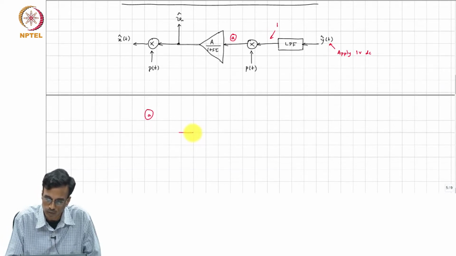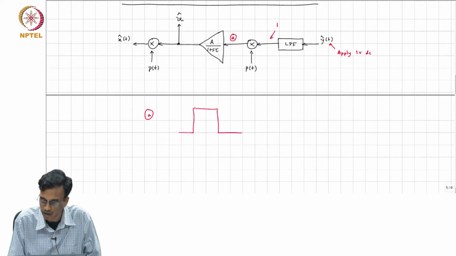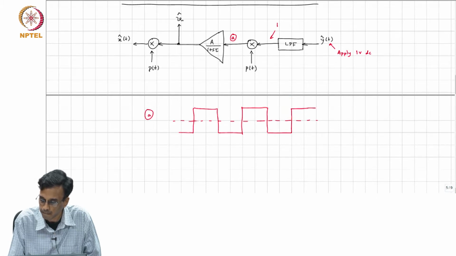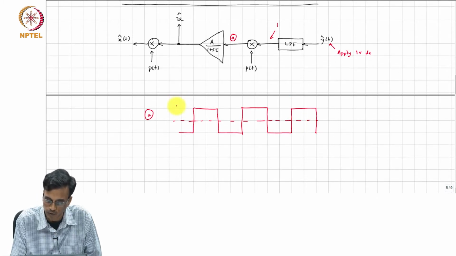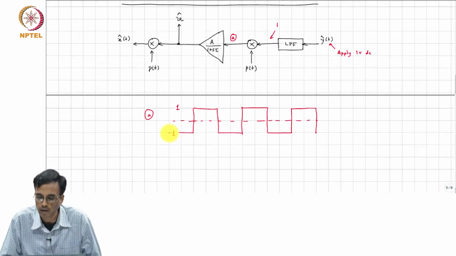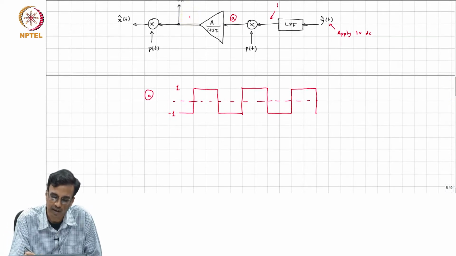So, what do we do now? What you get at A is basically a signal like this. So, this is 1, this is minus 1, all right. Now, what comment can you make about the signal at B?